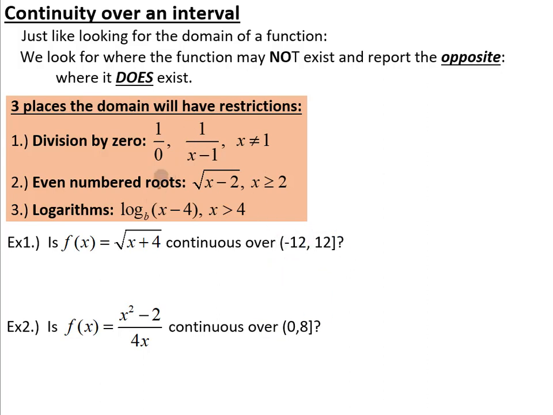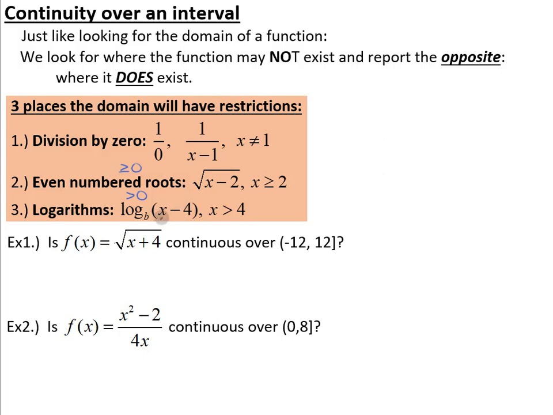So again, the first thing I want to look for is, does my function have any of these restrictions? And yeah, we've got an even root here. So with even numbered roots, the inside value has to be greater than or equal to 0. For logarithms, that expression inside has to be greater than 0.